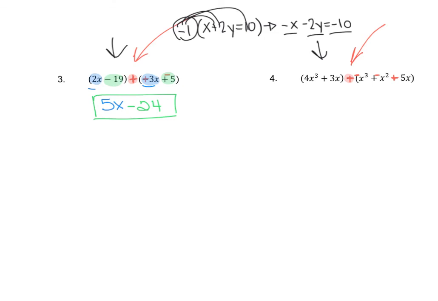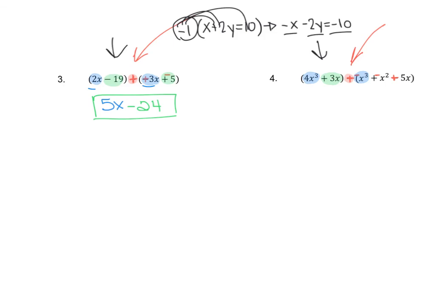All right, so number 4, I'm finding like terms. So I have this 4x to the third matching with this negative x to the third. I have this positive 3x. Now, this does not match up with this x to the second because this negative x to the second has a 2 as an exponent.